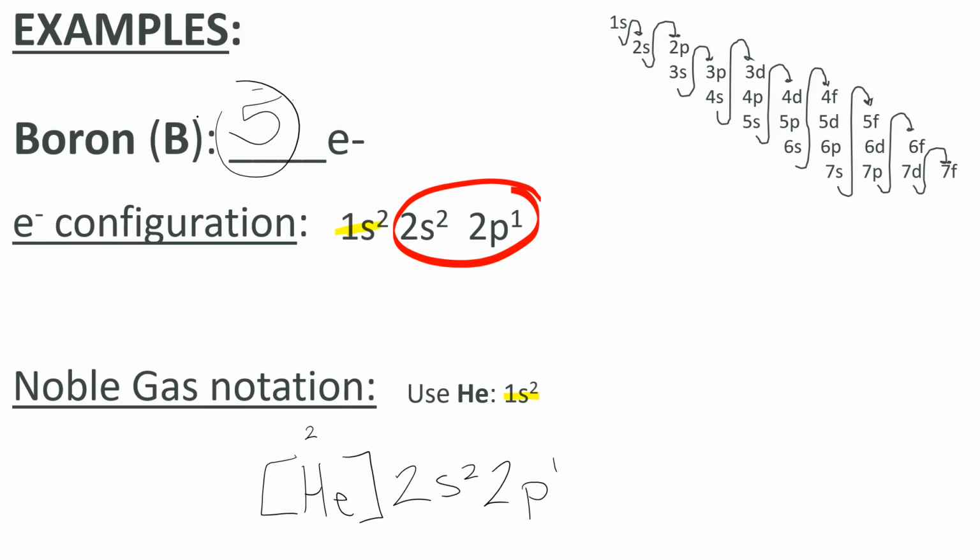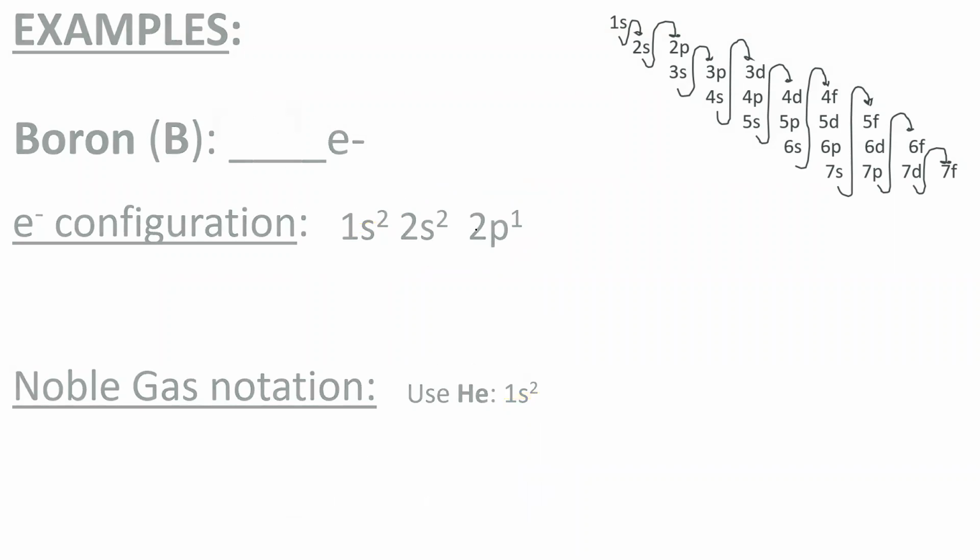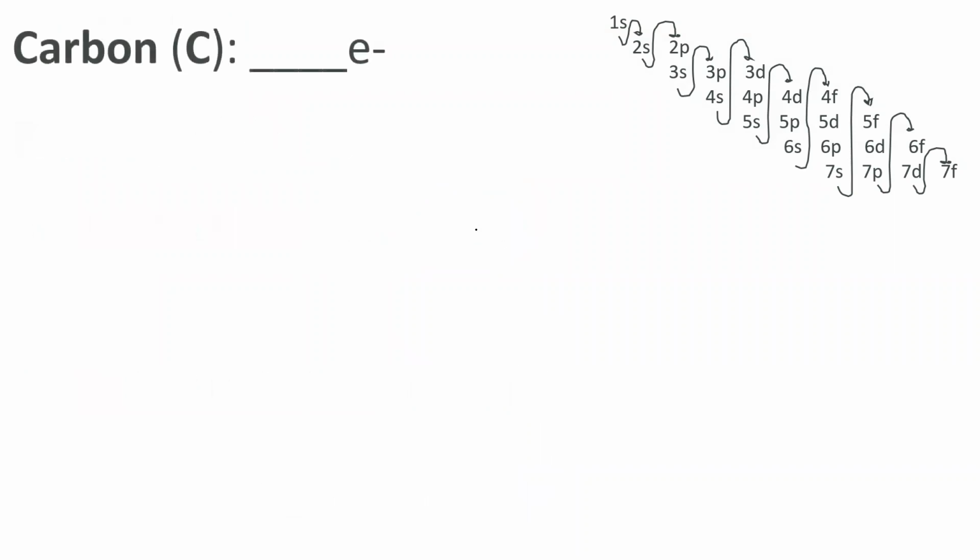Okay, so you have to look at the noble gas that comes before it. What is that noble gas's electron configuration? Where is that at in the actual electron configuration, and how do you shorten it? Okay, let's try carbon, C. Atomic number 6. You already did this as well before.